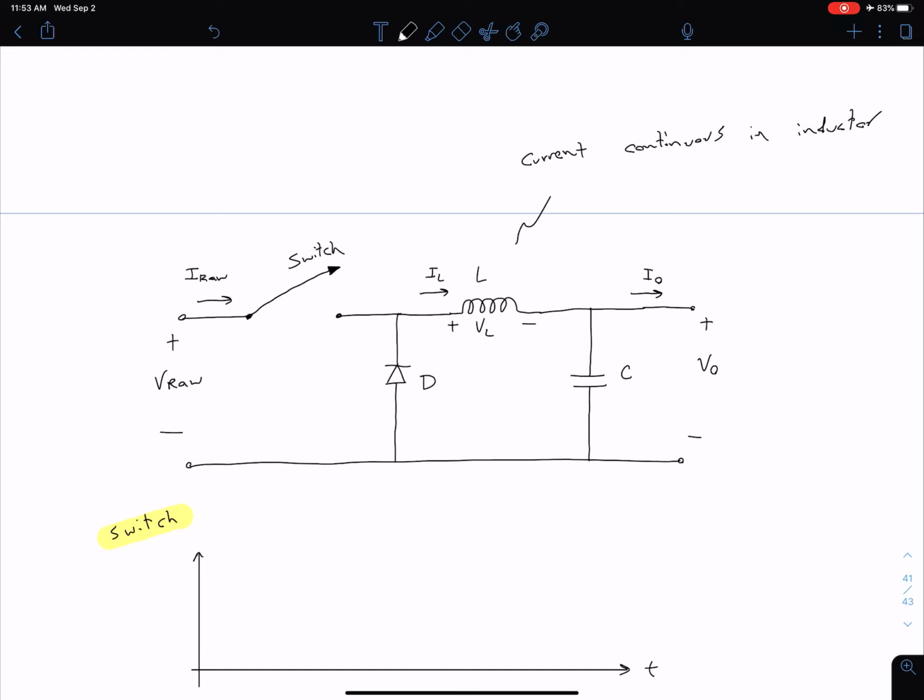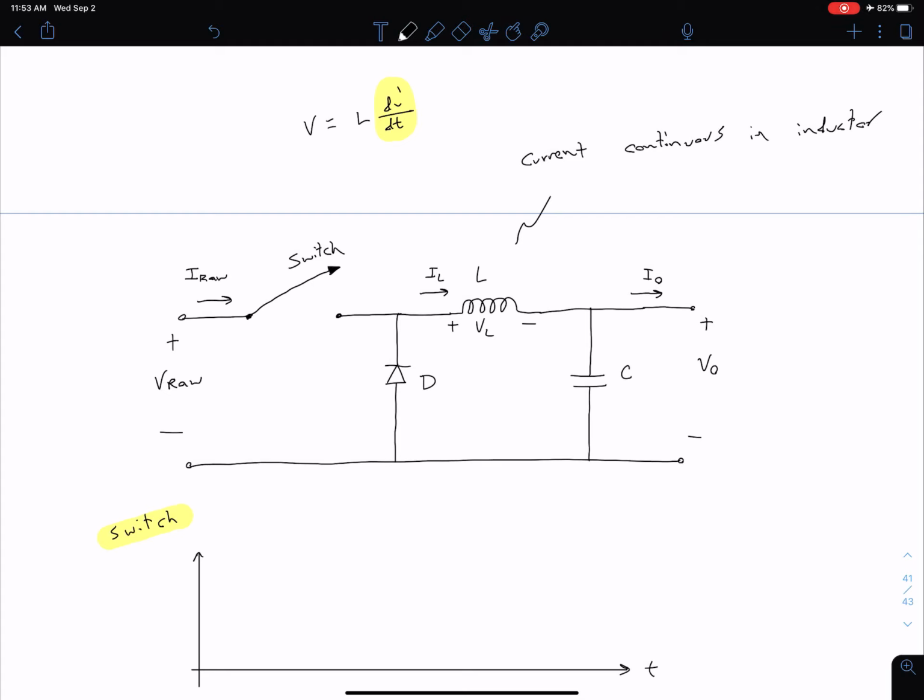We have that our inductor voltage is equal to L di/dt. Looking at this di/dt, we notice that an instantaneous change in current would make that di/dt infinity because we have dt equals 0. Basically, an instantaneous change in current requires an infinite value of voltage, which just isn't physically possible.